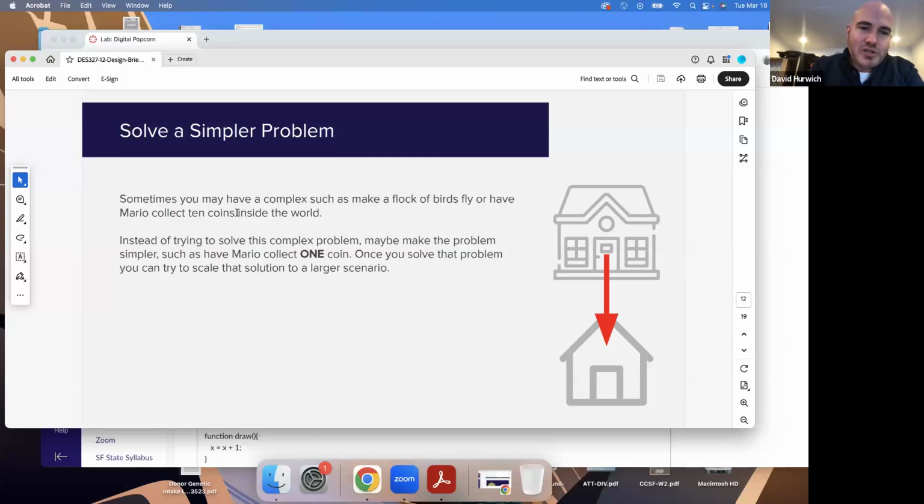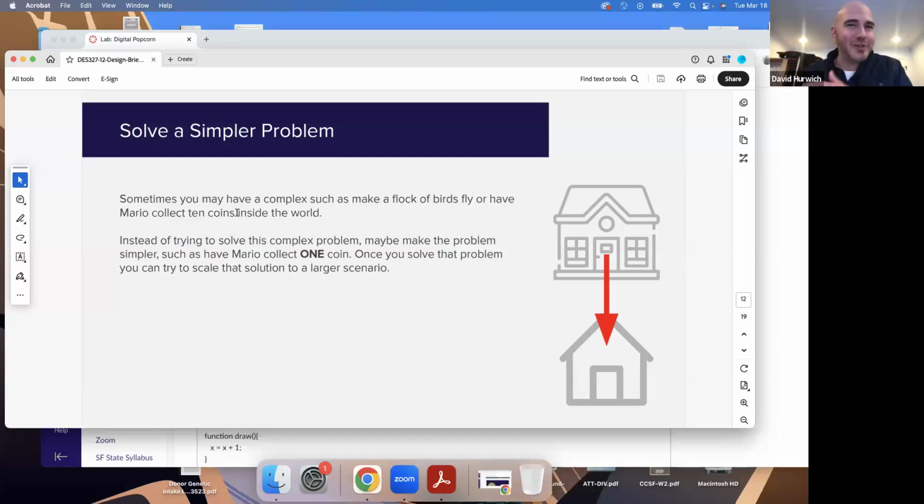Sometimes the answer is solving a simpler problem. So let's think about Mario from Super Mario Brothers. Let's say he has to collect 10 coins. Well, the first thing is let's get Mario to collect 1 coin, just in general. Worry about that. And once he collects 1 coin, we can probably take that solution and scale it up, so to speak, so that he can now collect 10 coins, right?